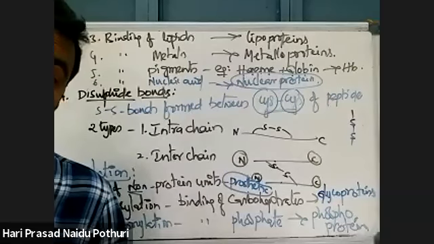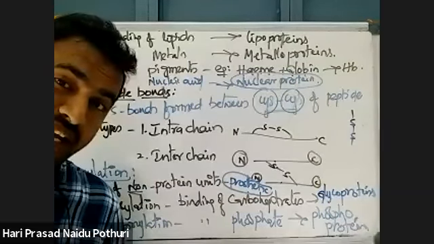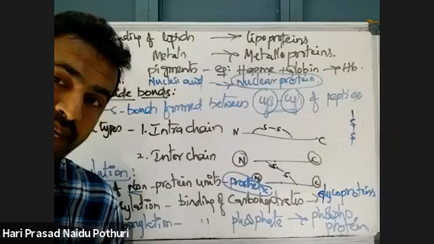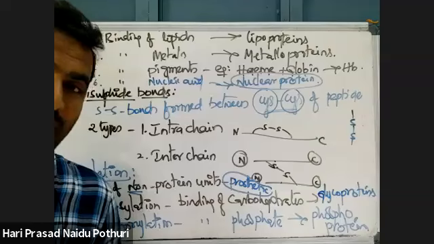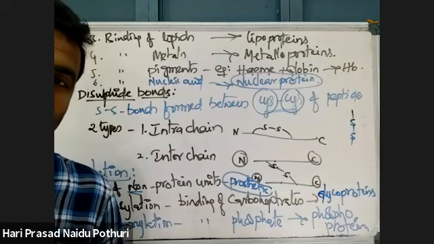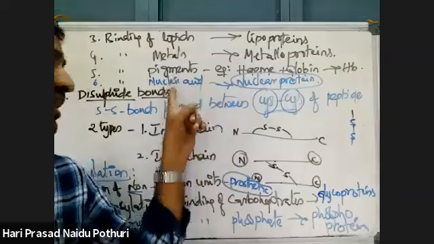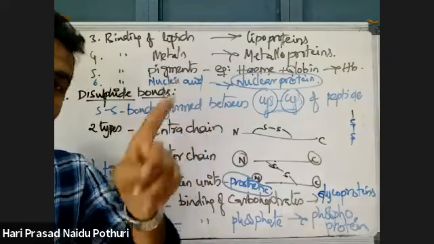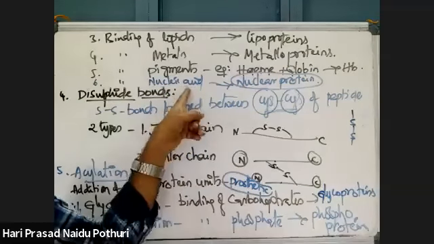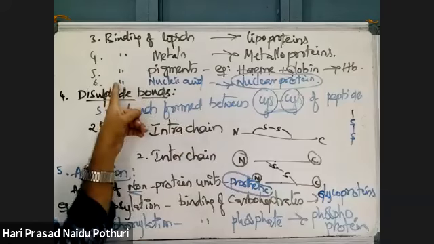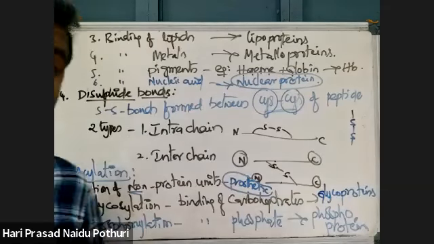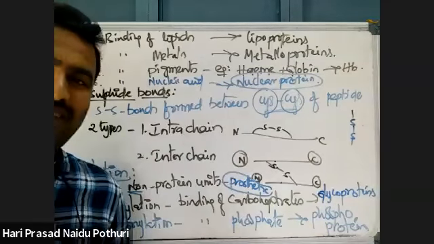Yeah, DNA. DNA with only DNA, what? Not only DNA. DNA means you are saying only nucleic acid. RNA means only nucleic acid, you are saying. Histone means only protein, you are saying. Yeah, DNA with histone. Very good.